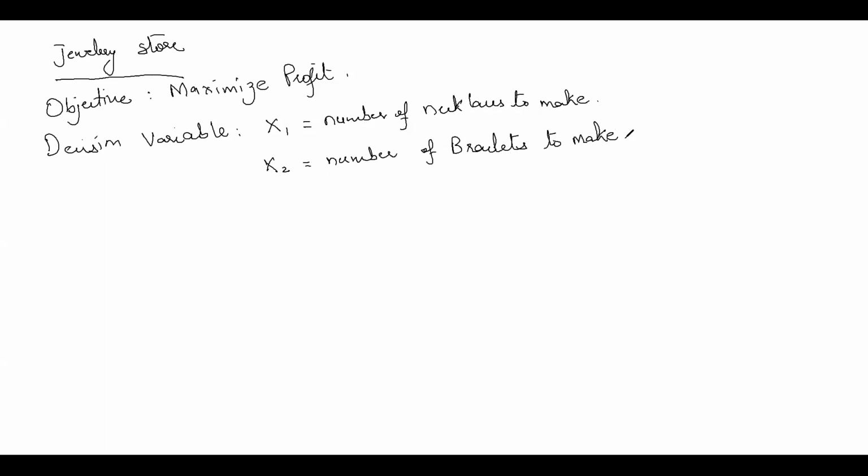And there are also some constraints. So we have constraints of gold and we have constraints of platinum. And also in the example, they say that there is a demand constraint for the bracelets. So bracelets cannot be more than 4. So we also have constraints.